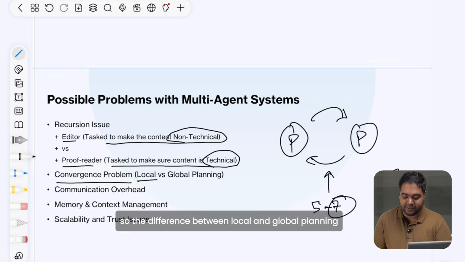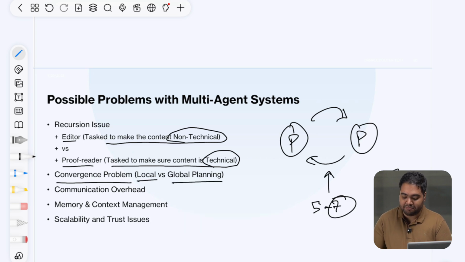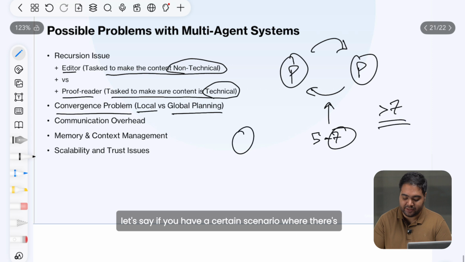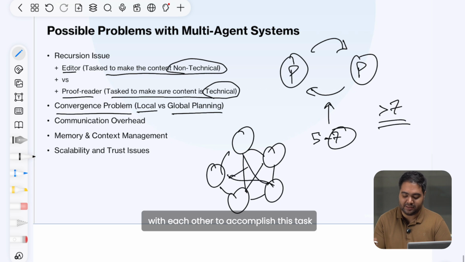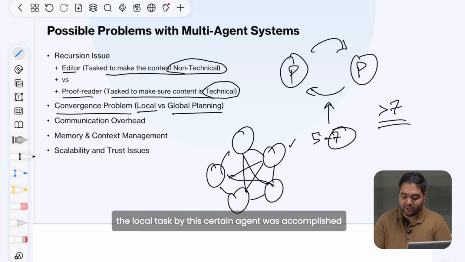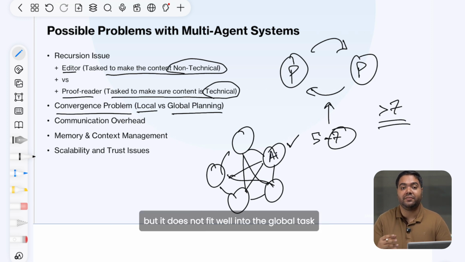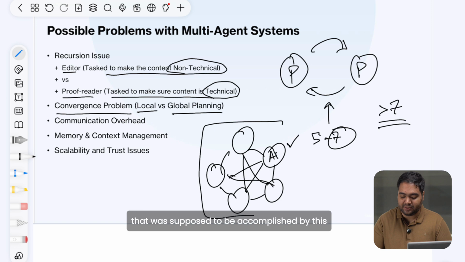So, the difference between local and global planning. Let's say you have a scenario where there are quite a few different agents and they're working collaboratively with each other to accomplish a task. Now in this scenario, let's say the local task by a certain agent was accomplished well, but it does not fit well into the global goal or task that was supposed to be accomplished by this entire system.